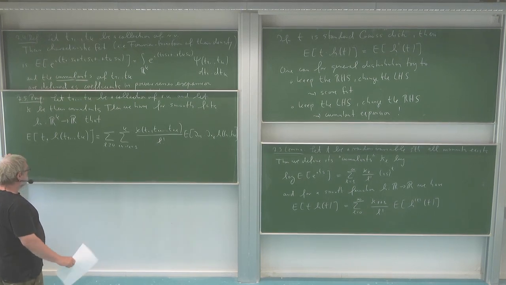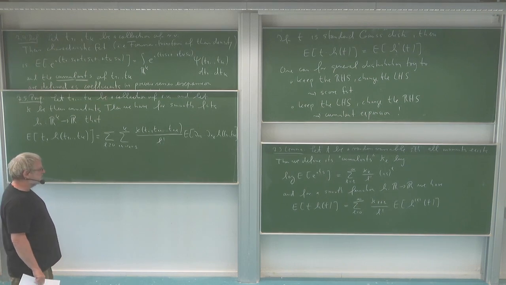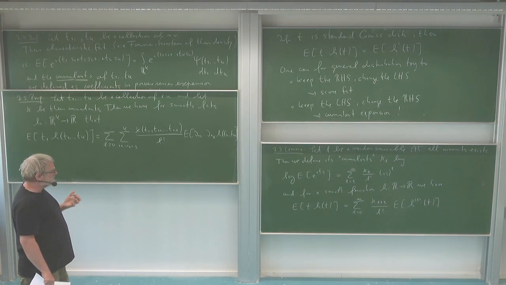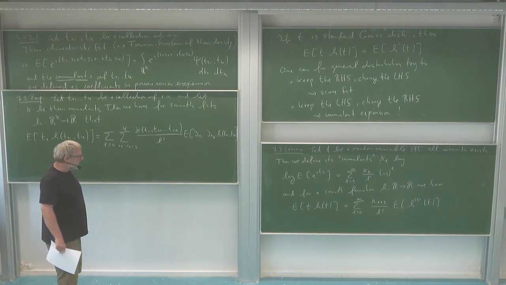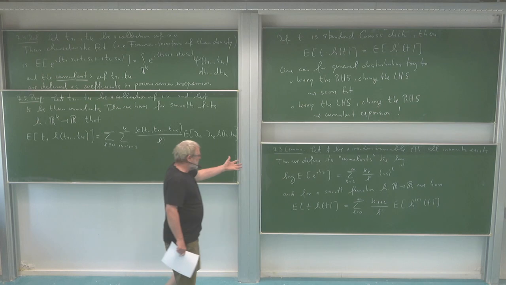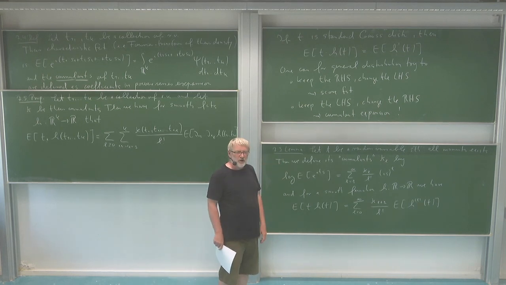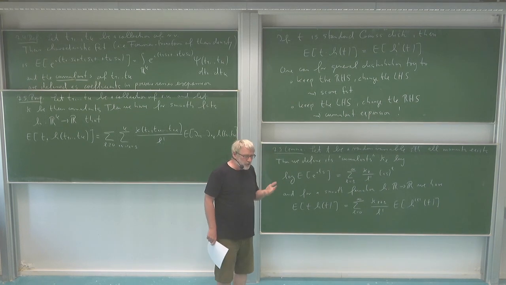Okay, and so I want to give you maybe a more combinatorial feeling of what cumulants are. They are just defined here in a more analytic way. You have a power series expansion, and you call the coefficients their cumulants. So that's an analytic way of doing it.